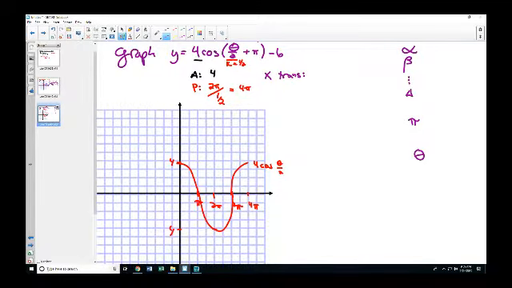What's your x translation? Plus or minus? Minus pi, so left pi units. Now we're going to shift this pi units to the left, starting here. Take that point, shift it. If you need to do each one, you can. And you have your x translation right there. So this function is cosine theta over 2 plus pi.